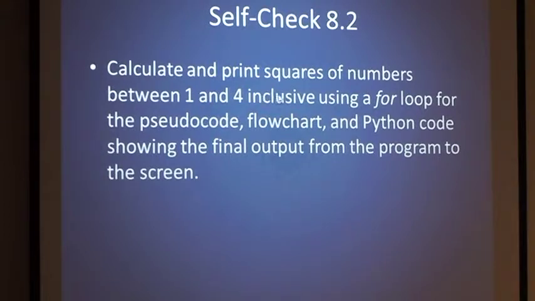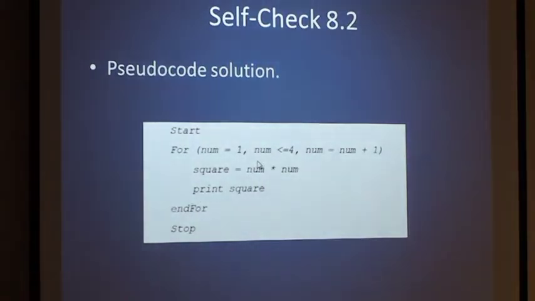Again, now we are using for loops to print out the squares between 1 and 4, 4 included. So in pseudocode, you write this: for initialization, num less than equal to 4, etc. Calculate the square and print it, and go to the next value, okay?